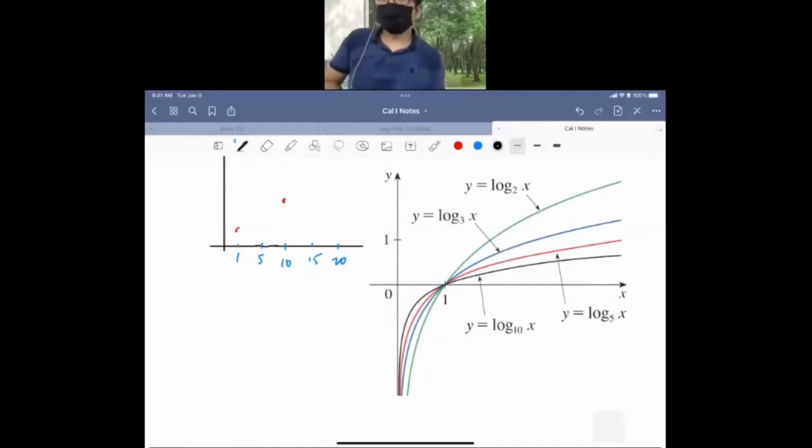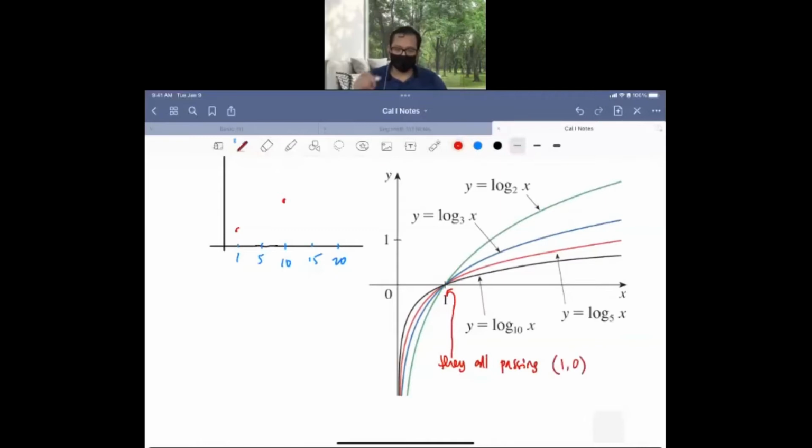And this is also important for the log property. Let me write here. They are passing, or maybe let me just write the coordinates, (1, 0).